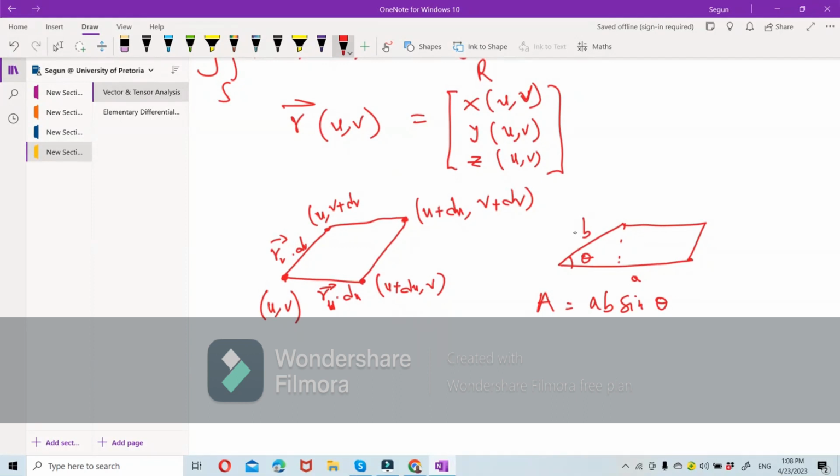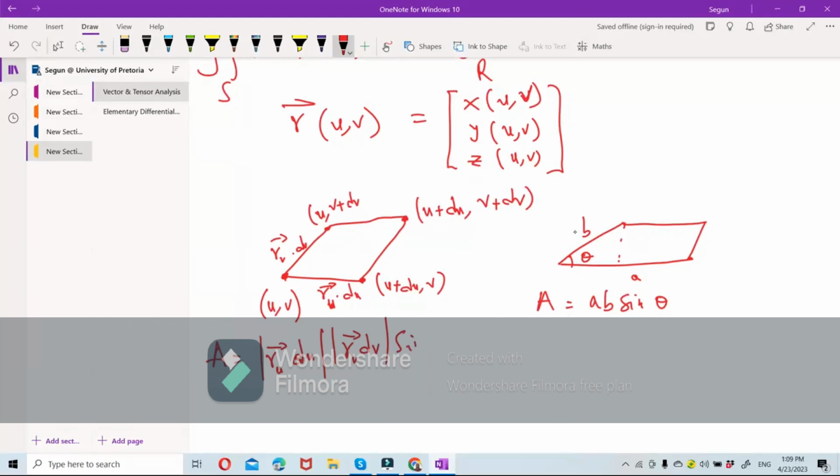What is a and what is b here? Our a will be the vector r_u du, the absolute value of it, and b is r_v dv, times sine theta. So you can see how this comes about.